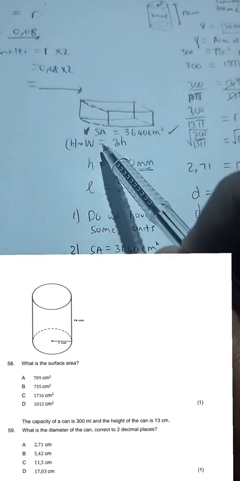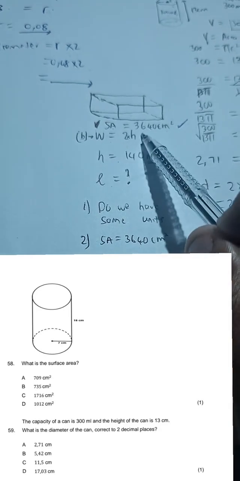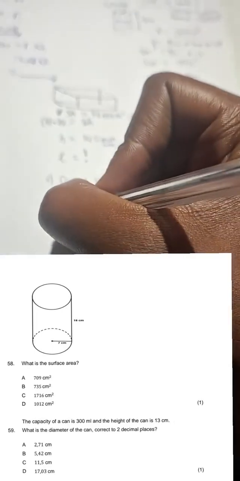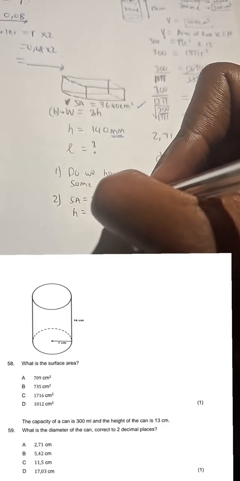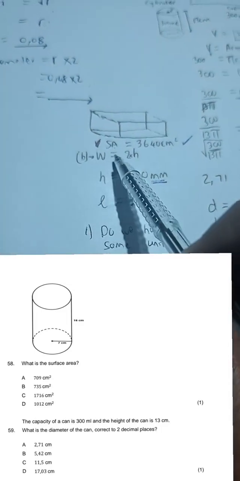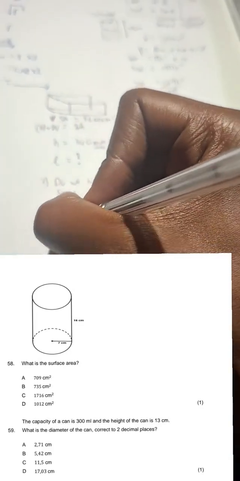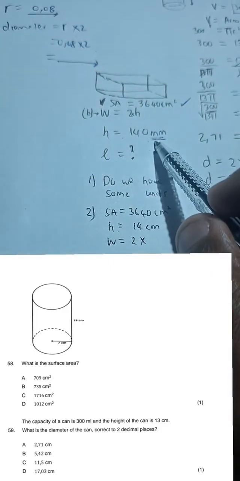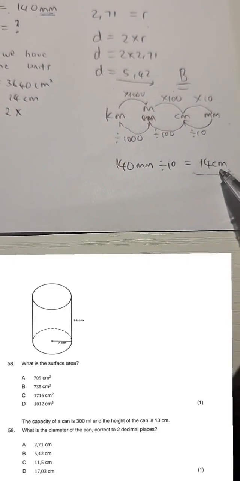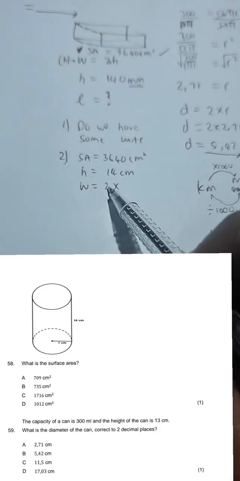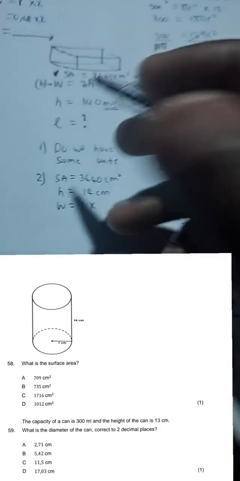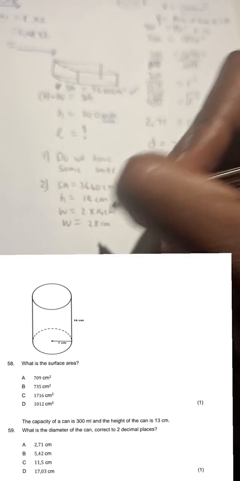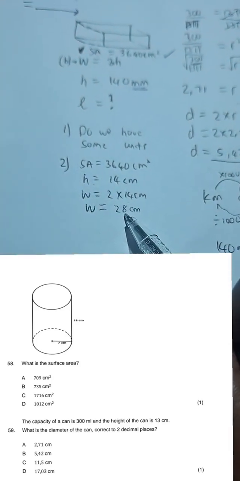Two, the width is 2 times the height, whereas the height is what? 14 centimeters. We were told that the width or the breadth is 2 times the height. The height we converted to centimeters is 14 centimeters. So 2 times 14. Our width is actually 28 centimeters, because 2 times 14 is 28 centimeters.